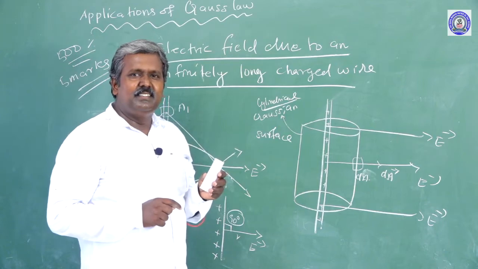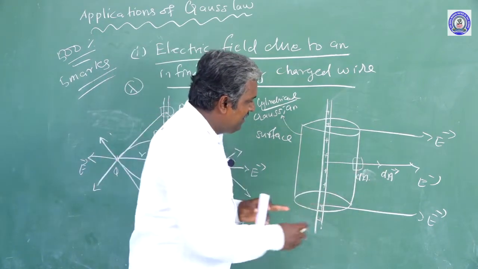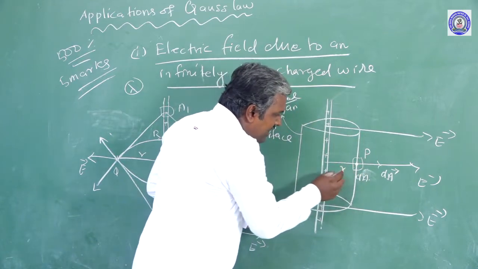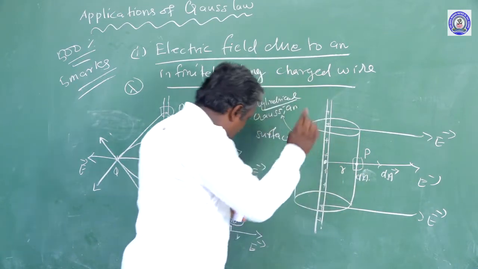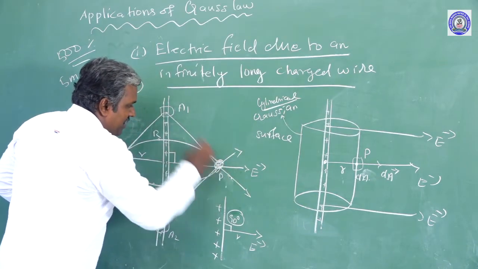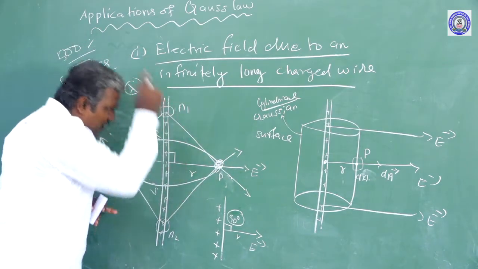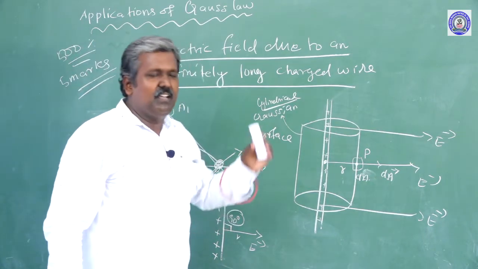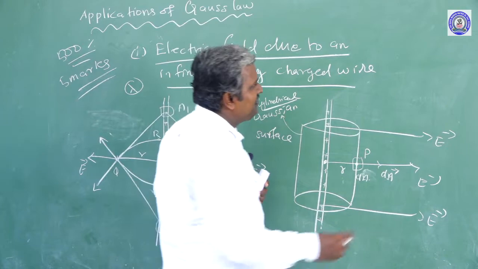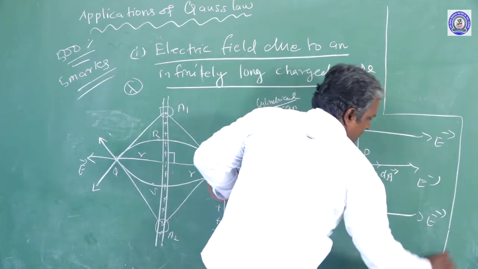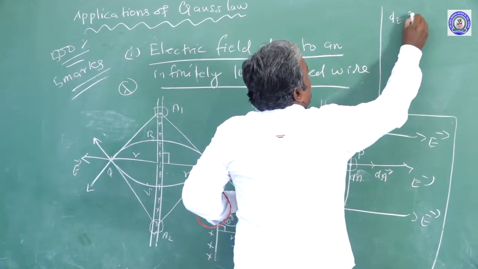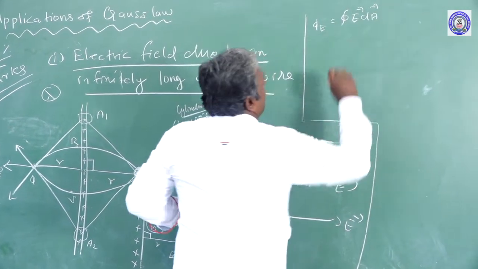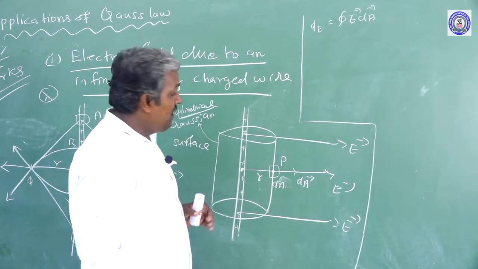Now we can calculate the field at this point, that means a point P at a distance r from the charged wire, with the help of Gauss law. How? Listen. Phi is equal to integral E vector dot dA vector. Now how many surfaces are there?